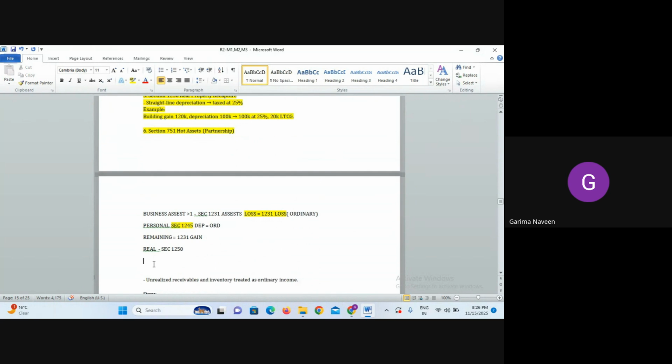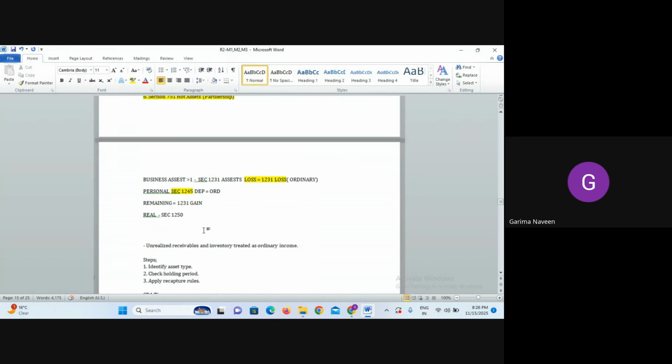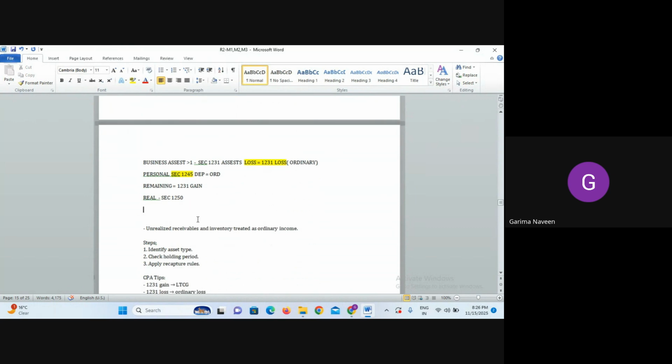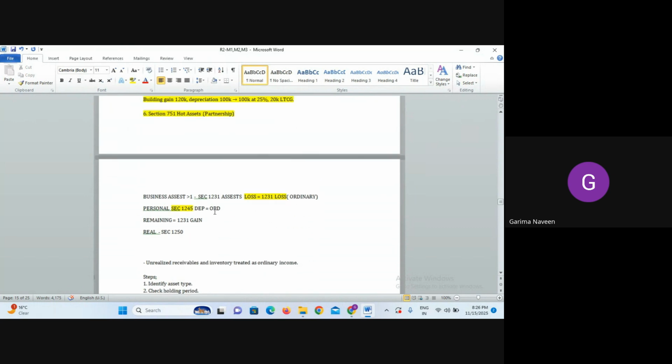Up to the amount of the excess of accelerated depreciation over straight line depreciation, it is classified as section 1250 ordinary gain, and up to the amount of your straight line depreciation, it is classified as your section 1250 gain, and the remaining gain is classified under 1231 gain.